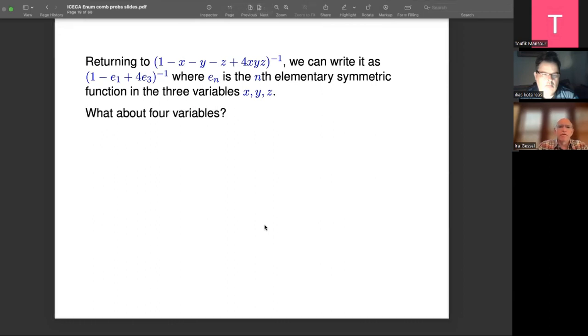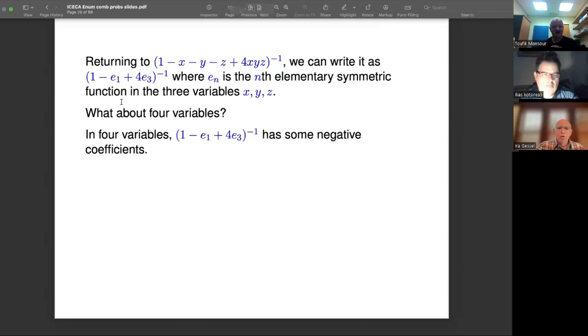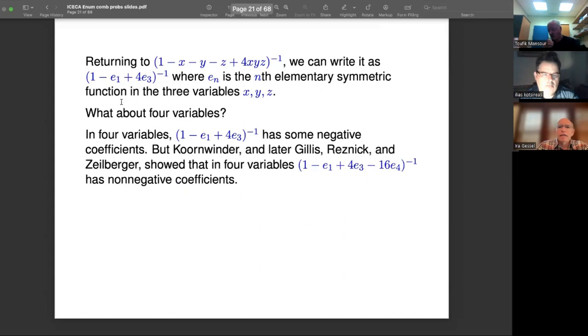So what about four variables? So we take this expression in four variables. Well, we get some negative coefficients. But Koornwinder and later Gillis, Reznick, and Zeilberger showed that if we put in a kind of correction term, minus 16e4, then we get something with non-negative coefficients.